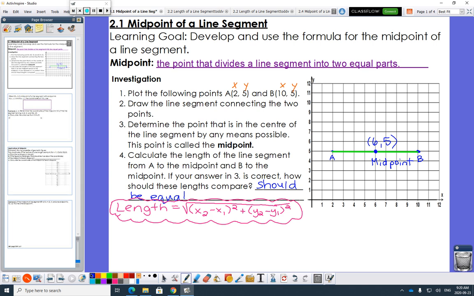So we have to find the A to the midpoint. So I'm going to call that AM. And B to the midpoint, which I'm going to unfortunately call BM. If it helps you show lots of work, write out what this point is.